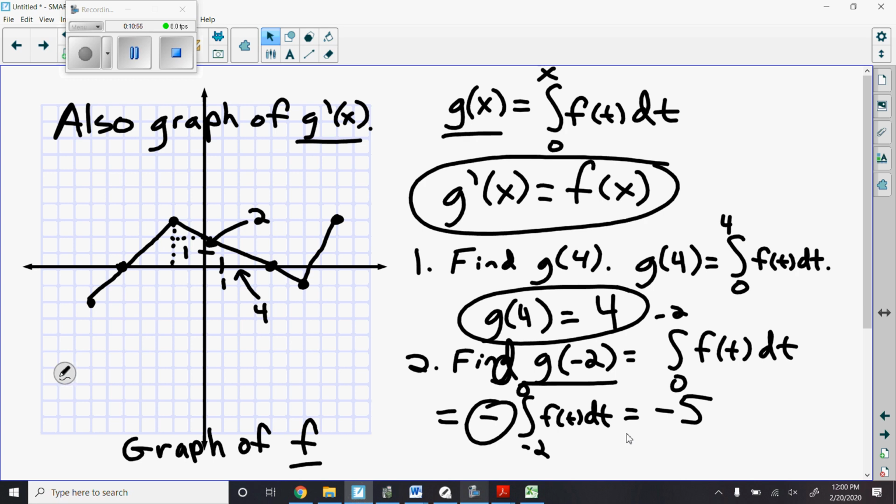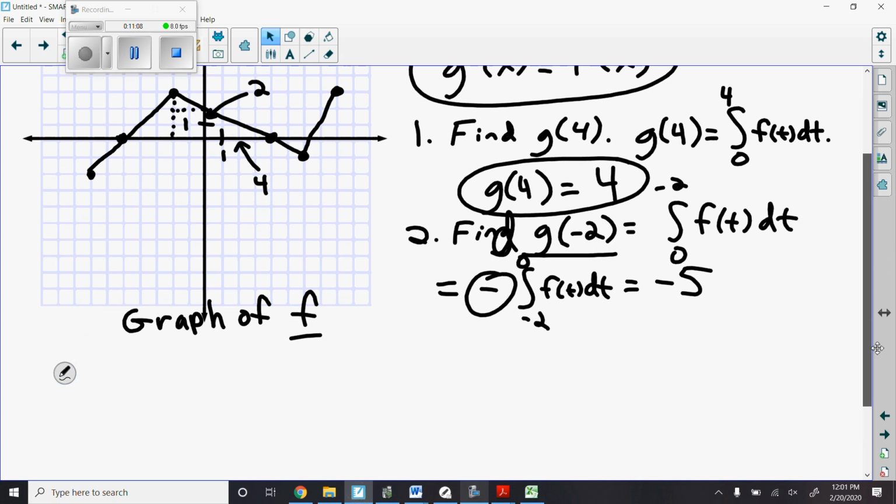Okay. So that's how we can answer questions about G. Next question we might see is something like this. Now again, what's different here is now I ask you to find G prime of 0.